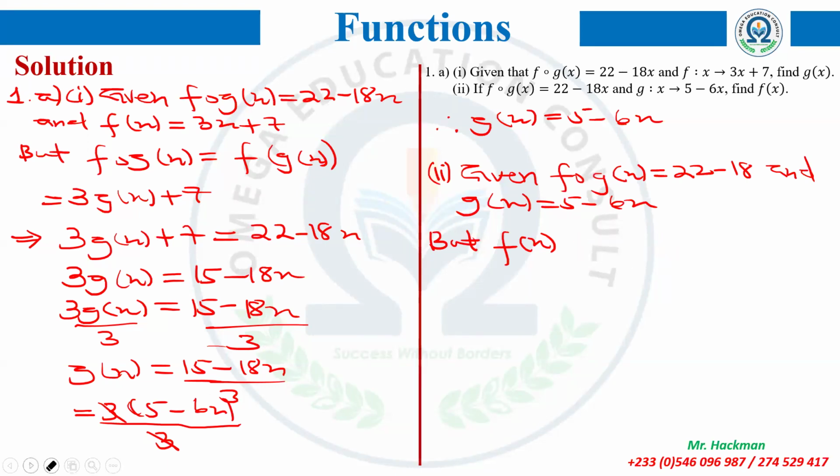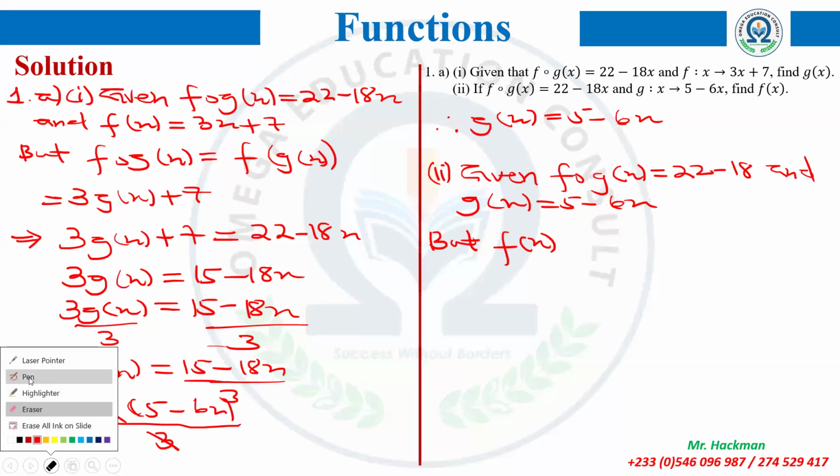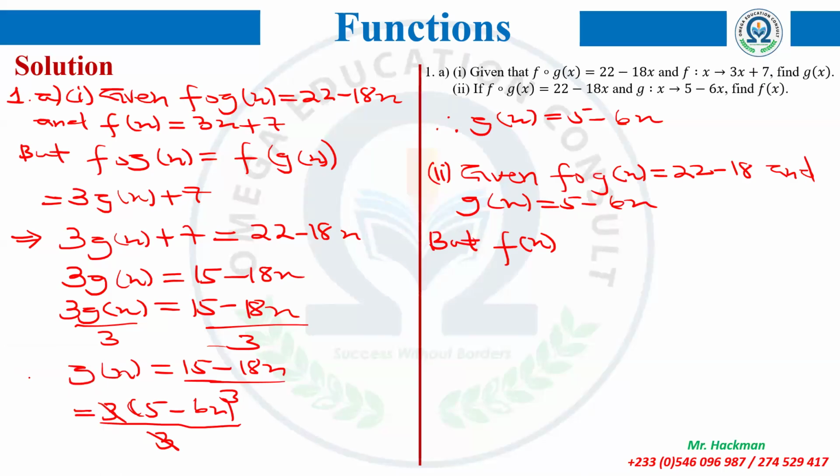I know for a statement of fact that if I want to get my g of x, this is how I get my g of x. I know I will get this by feeding the composite function f of g with the inverse of the function here. So it will be g inverse of x. Is my point well made?